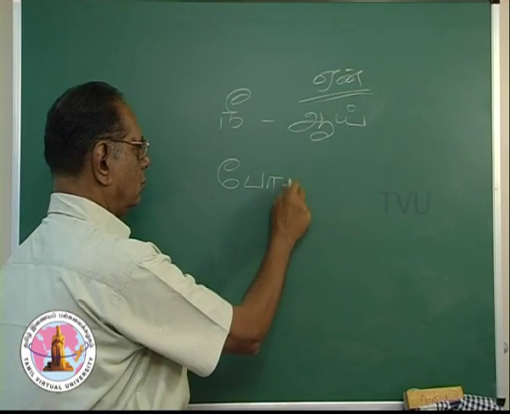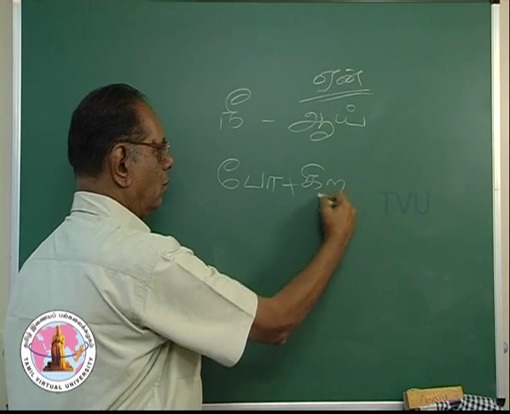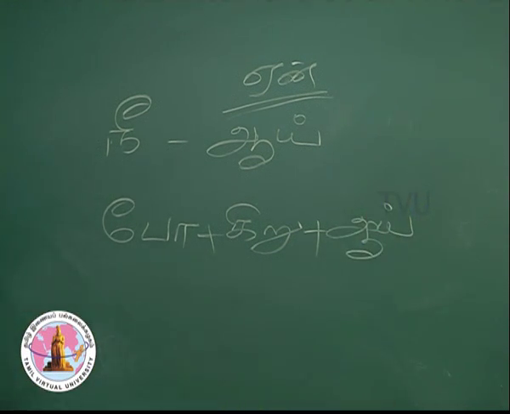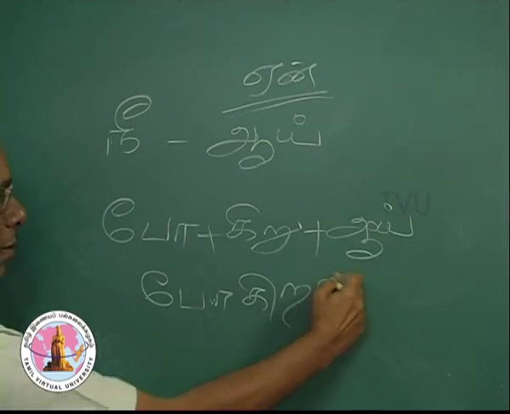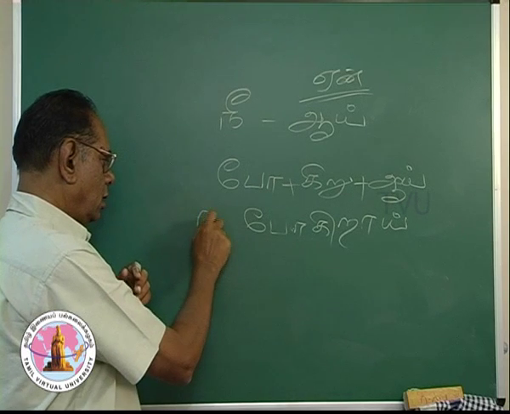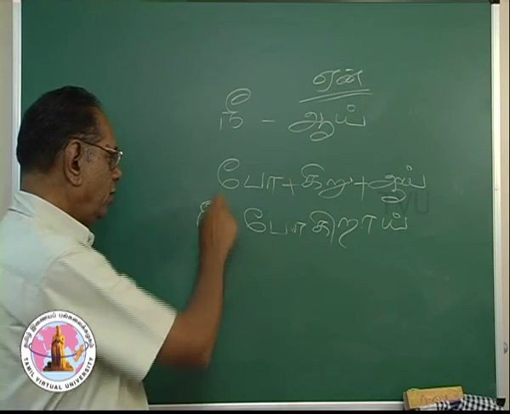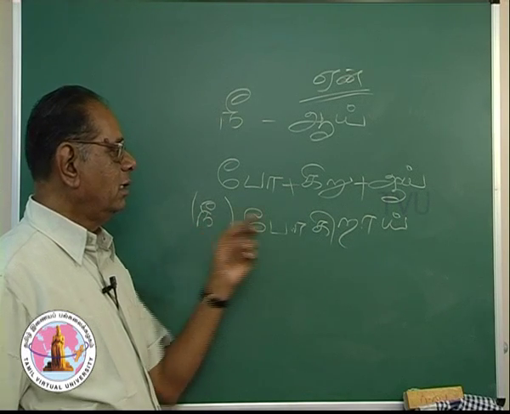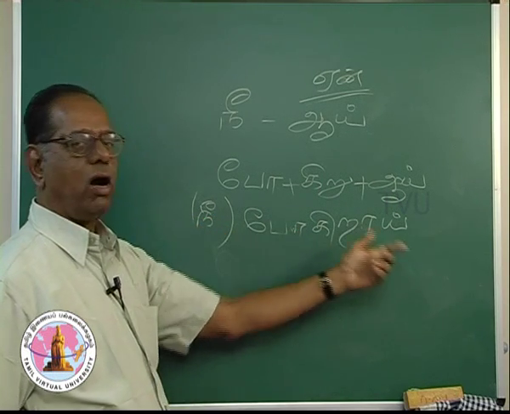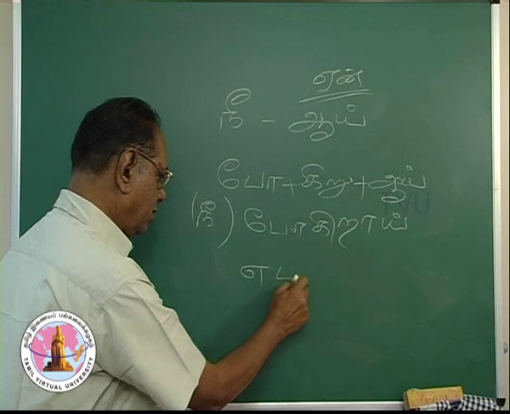Po, kiru, ai. Pogirai. Nee, Pogirai. Even if I don't bring in nee, the very person marker will indicate what the subject is. Nee, Pogirai.